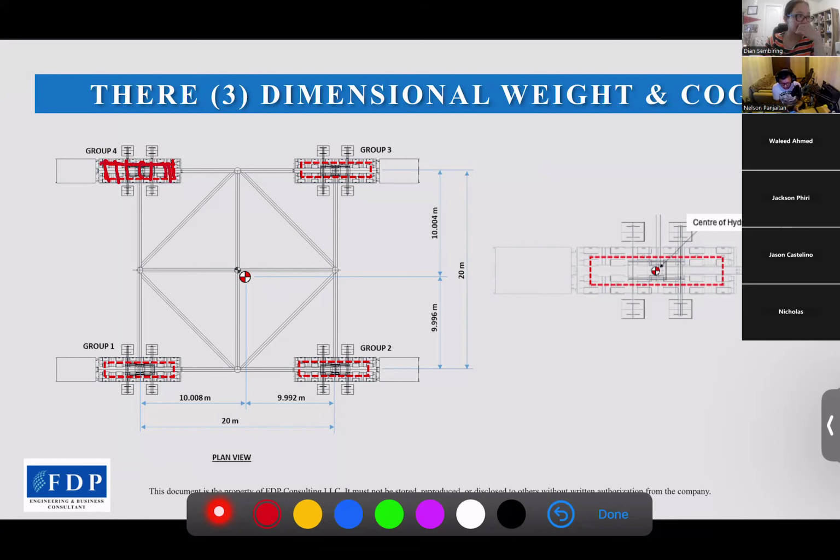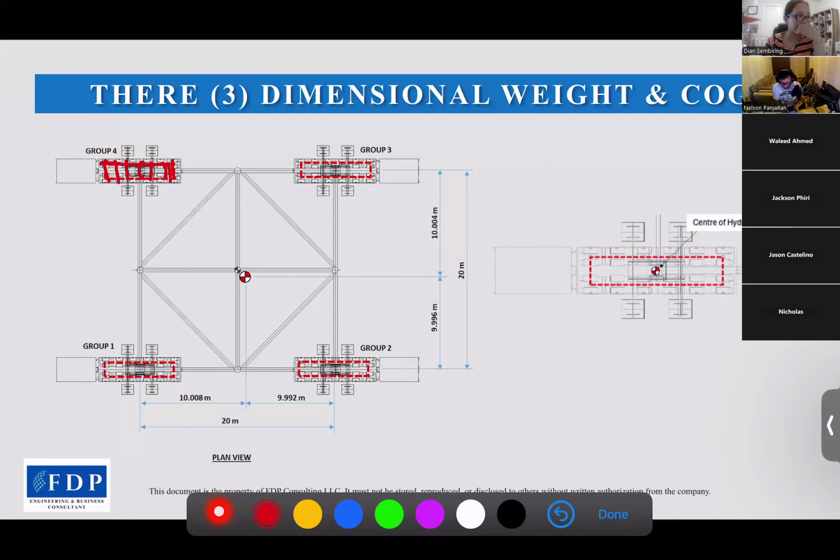From this we can continue to find group 1 and 4 first. To find the group 1 and 4 reaction, we take the moment about groups 2 and 3, minus P times 9.992 meters.